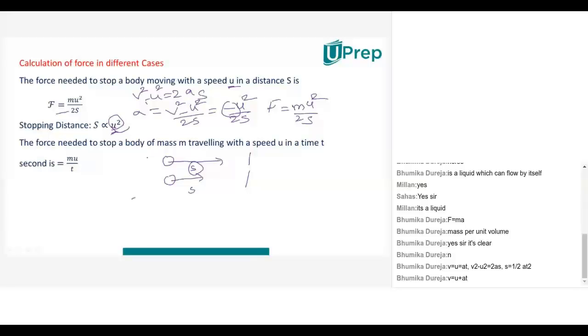Then how much opposite force do we have to apply? So mu square upon 2s. Very good. F is equal to mu square upon 2s. That is what you have to apply, because we calculated it from the F is equal to ma equation, isn't it?